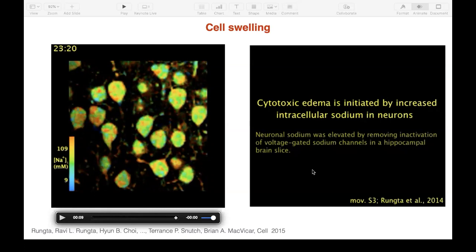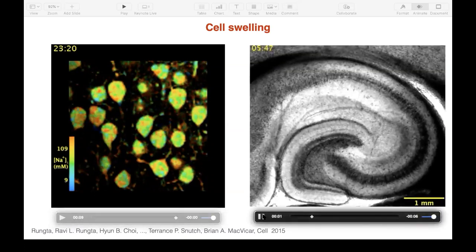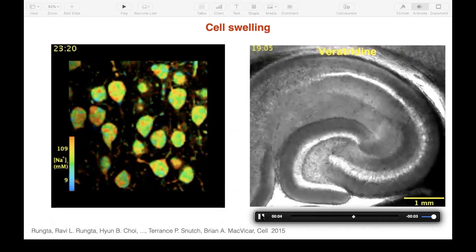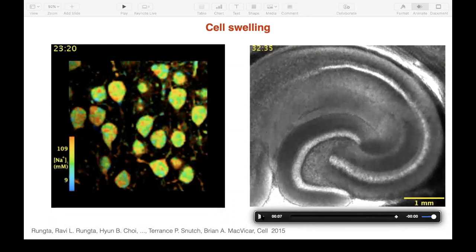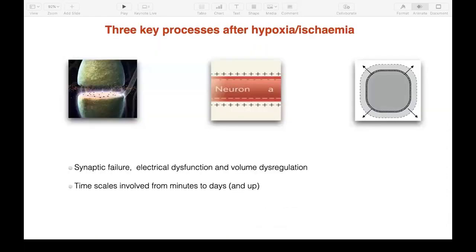And at a larger scale, this is observed as well. This is hippocampus. And the same drug is applied, veratridine, resulting in massive influx of sodium, and then you observe this huge increase in volume, reflecting cytotoxic edema. And so this happens at the third stage after severe ATP depletion.